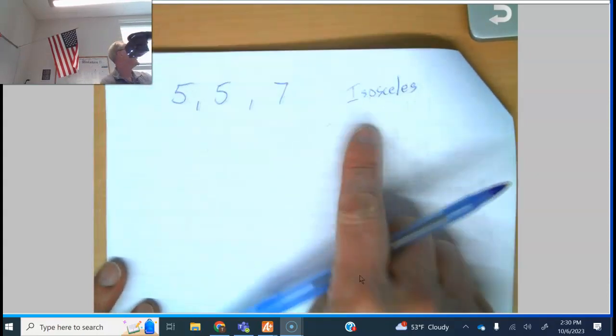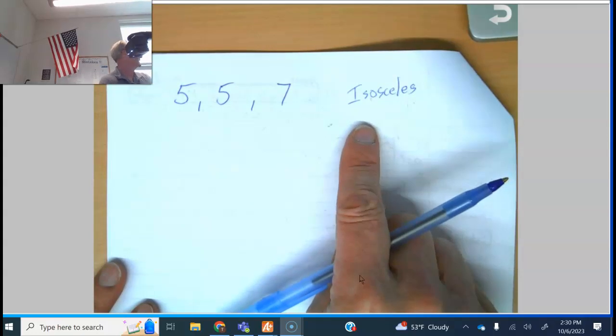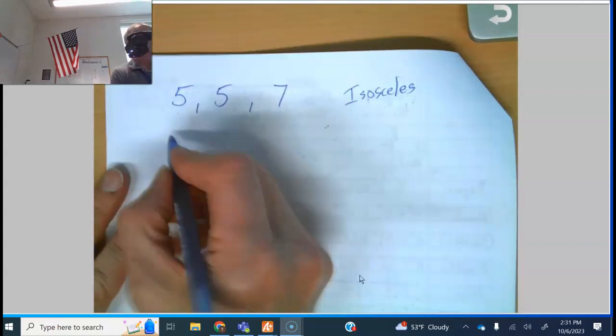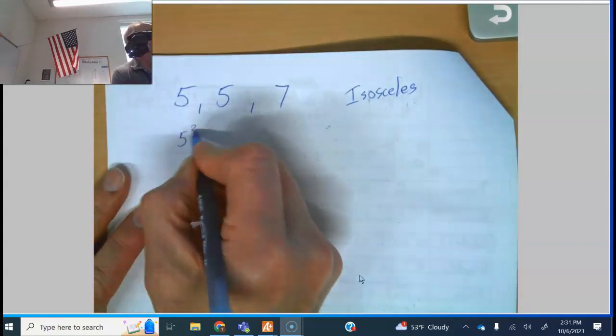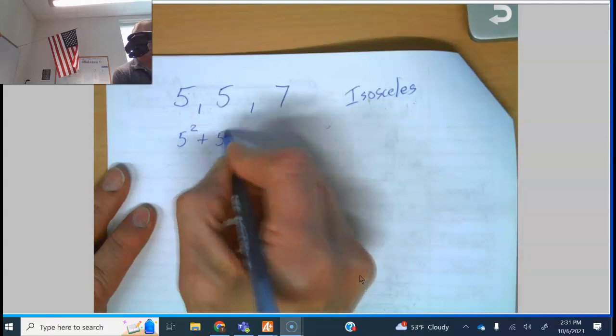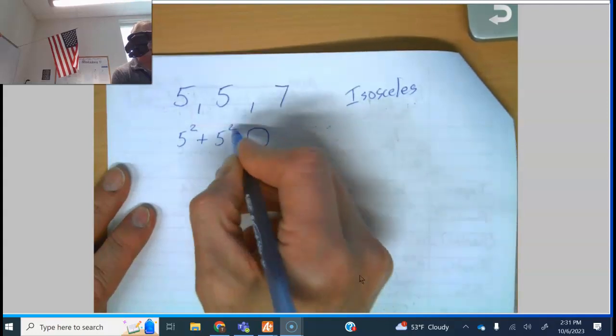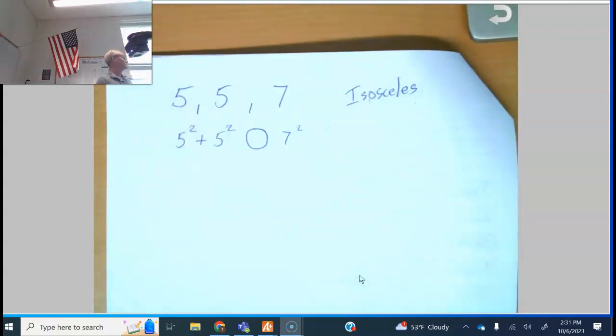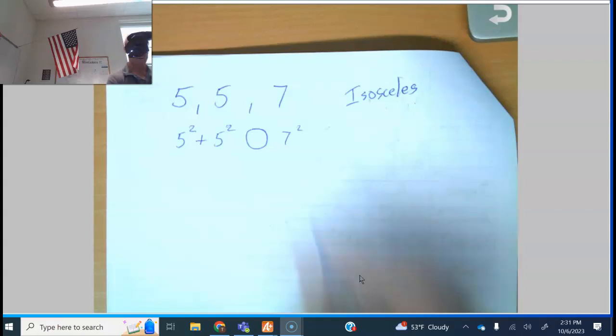If we were to draw this, you still wouldn't be able to tell because it's really close to 90. Let's see. 5 squared plus 5 squared, and we're going to compare that with 7 squared. Try it. Don't wait for me. Sorry, this is square here.